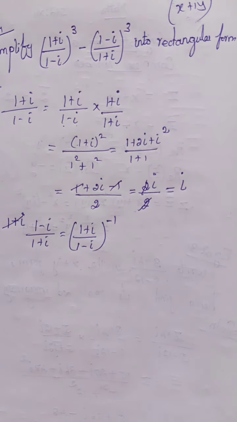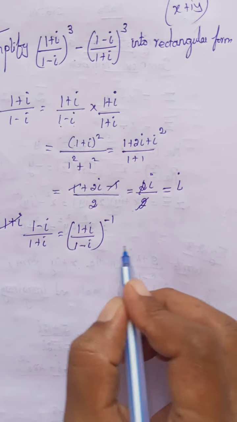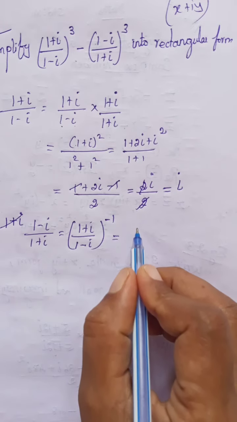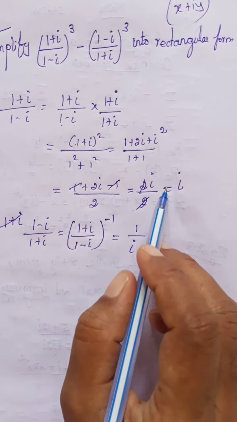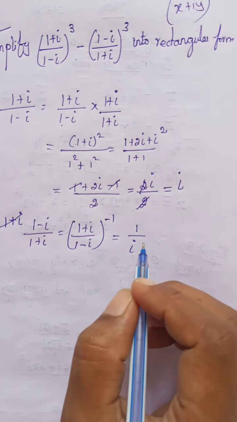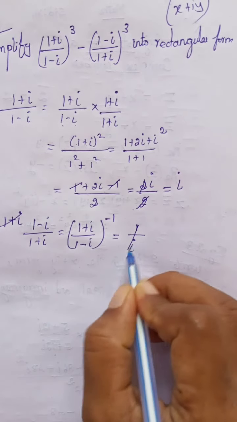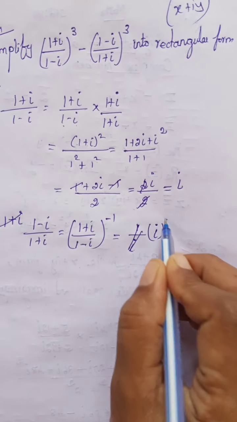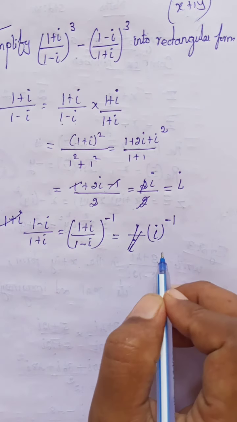Since we have the value, I have written it as (1 plus i) by (1 minus i) the whole inverse. That is, I can write it as 1 by i. This is i, means this answer is 1 by i, or else you can write it as i the whole inverse. Isn't it? i power minus 1.